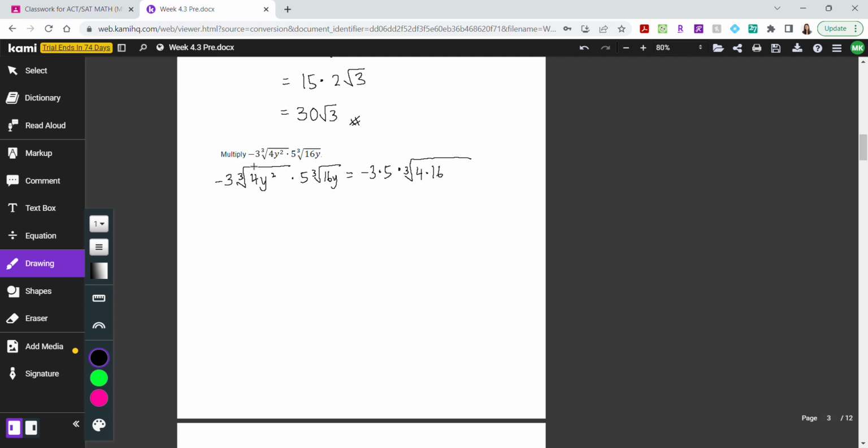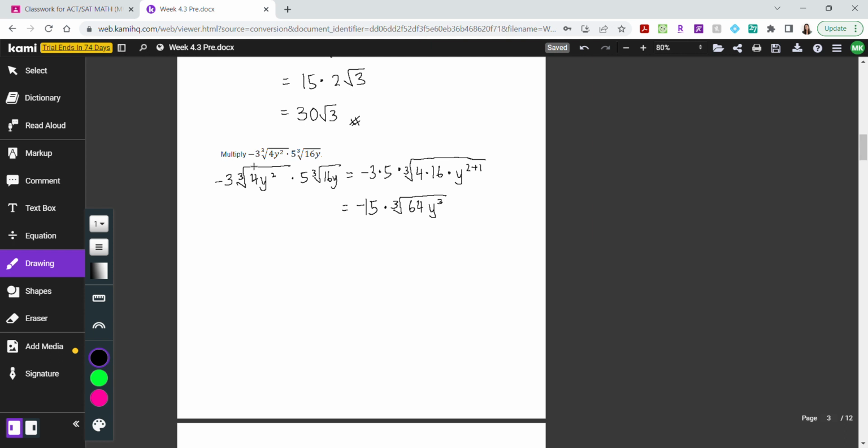And then, oh look, we have variables, and because the variables are multiplying with each other, we're going to add the exponents, right? So that's why we have y to the power of 2 plus 1, equals negative 15 times cube root 64y cubed.